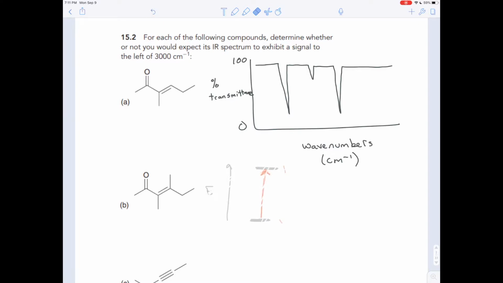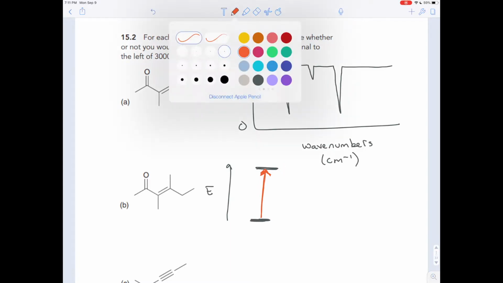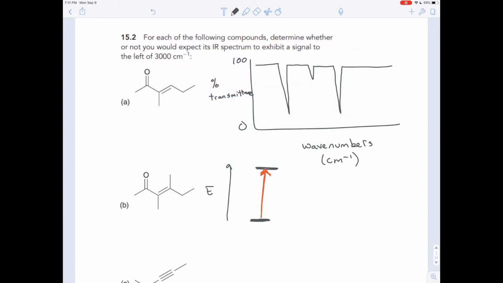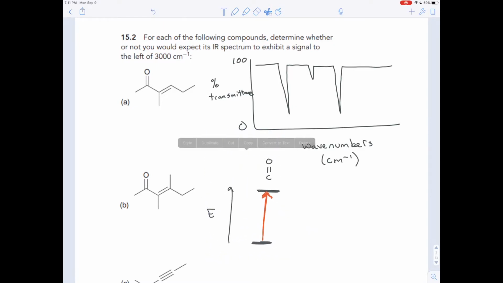Okay, so there are different landmarks. Different types of bonds have different amounts of energy between their different quantum ways of vibrating. So for example, a carbon double bonded to an oxygen will have a certain amount of energy between one way of vibrating and another way of vibrating.